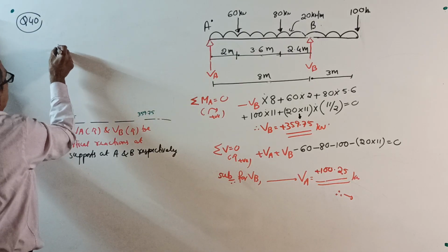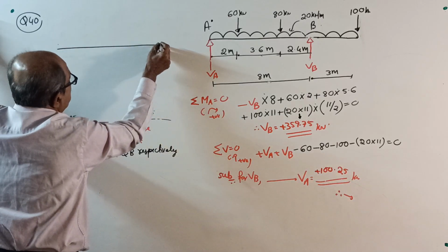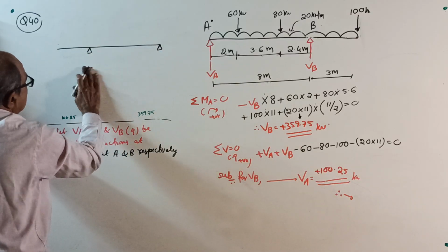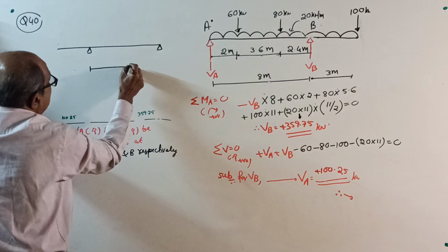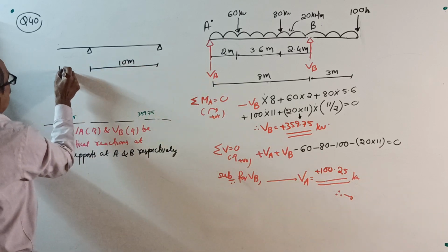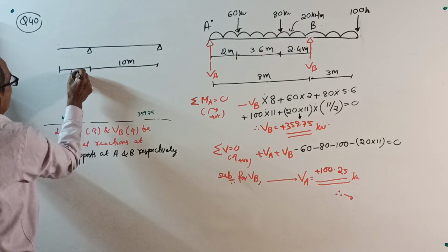A beam is simply supported over a span of 10 meter and it has a left side overhang of 4 meter.